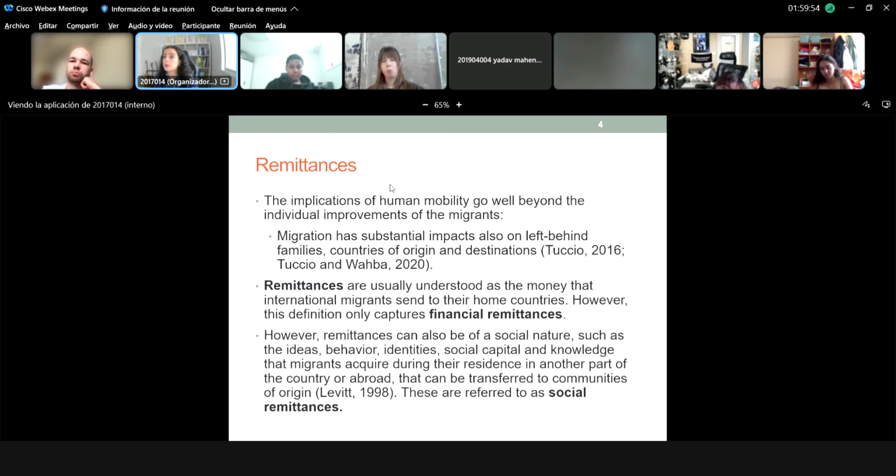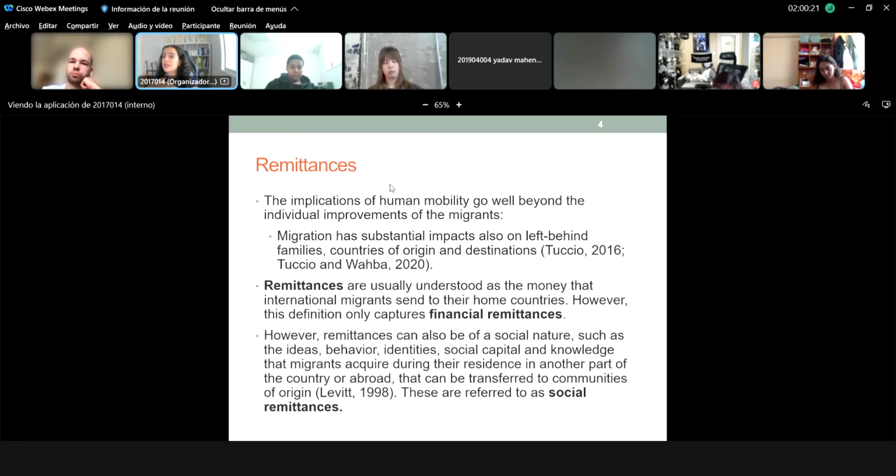So there are different reasons for those financial remittances, and these financial remittances are what we're going to concentrate on in this chapter. Remittances are one financial flow between countries, and I'm going to show you how remittances are actually a major financial flow between countries.